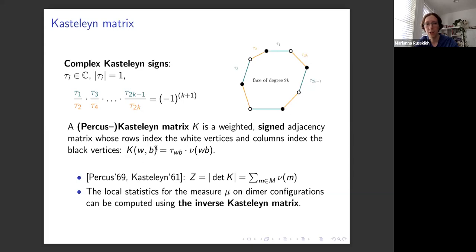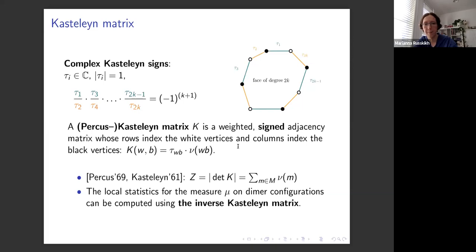And each Kasteleyn weight is given by the product of the Kasteleyn sign and the weight function, where the weight function is our given weight function. So recall that in my definition, this is actually one quarter of the usual adjacency matrix, because usually the first argument is always a white vertex and the second one is always a black one.